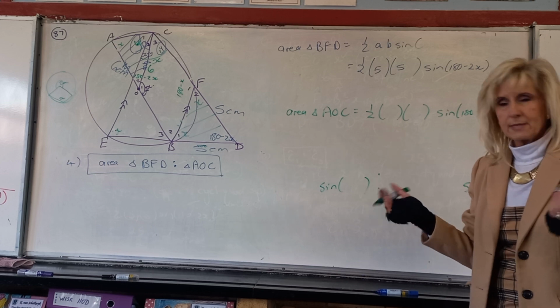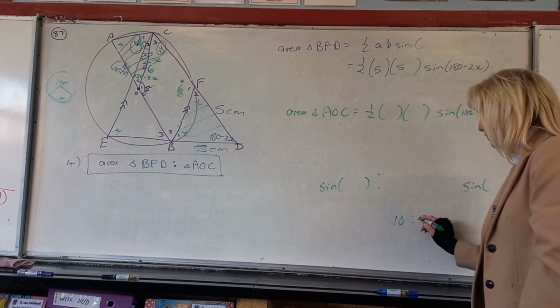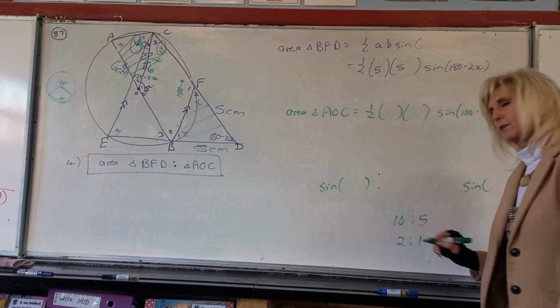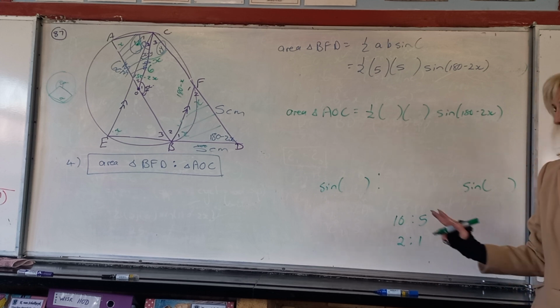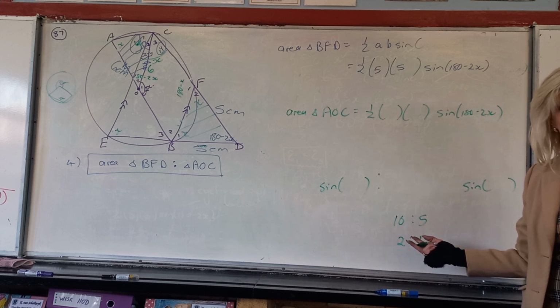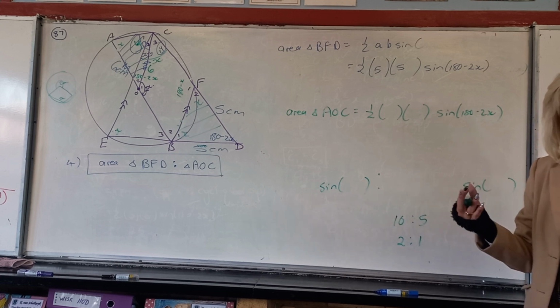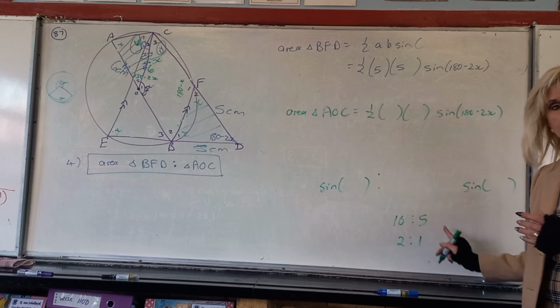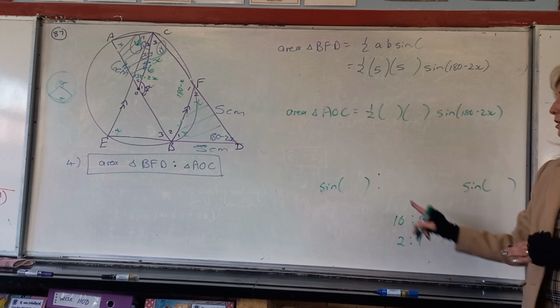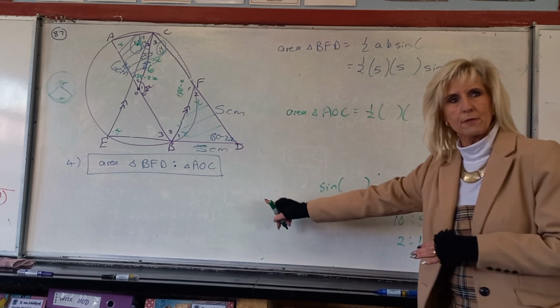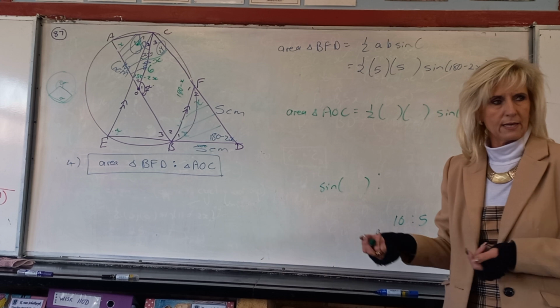It's like when I have 10 to 5. How does this become 2 to 1? Because you're dividing by a common thing. Basically, that's what's going to happen here, just on a higher level of sum. So whenever there's a ratio, you simplify by cancelling it out.